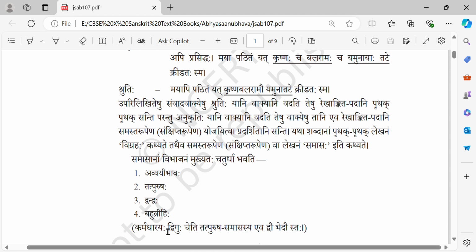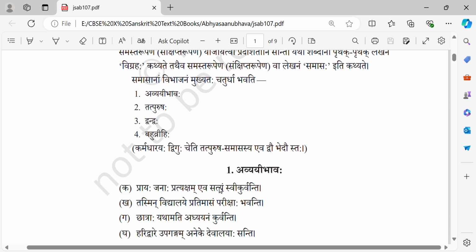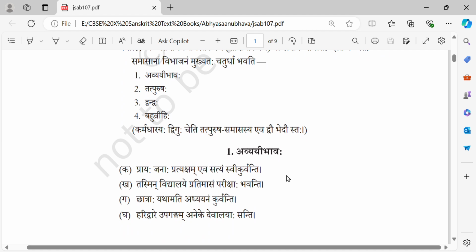They come under Tatpurusha only. So now, first we are going to study about Avyayeebhava Samasa. This Avyayeebhava Samasa is very easy to understand because avyayas will be there in the samasa or upasarga will be there. Now let us study.